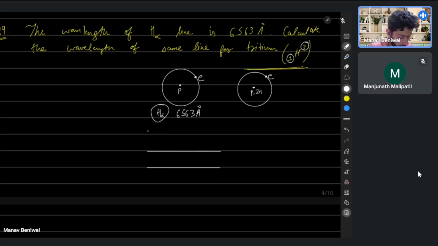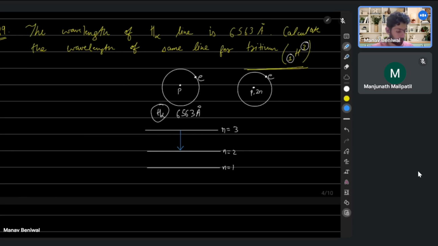So what is the first transition in the Balmer series? Here n is 1, n is 2, n is 3. The first transition in the Balmer series is this one, from 3 to 2.